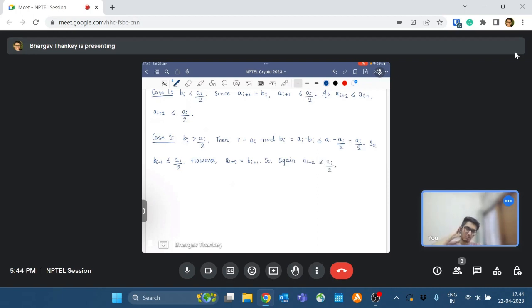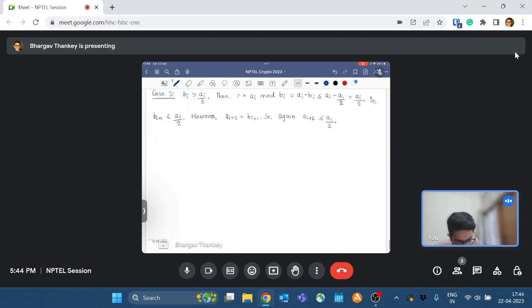So what happens in both cases is that after every two iterations, the value of AI drops by half, right? So suppose that the algorithm runs for capital T iterations of the while loop.